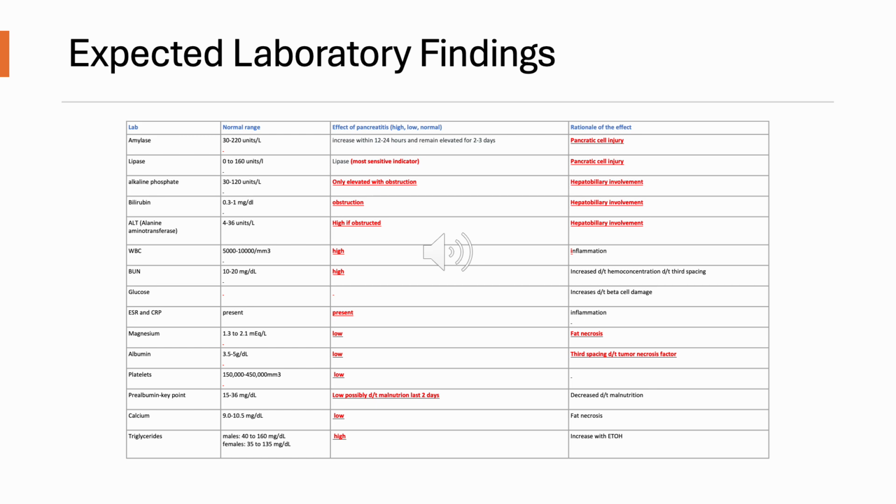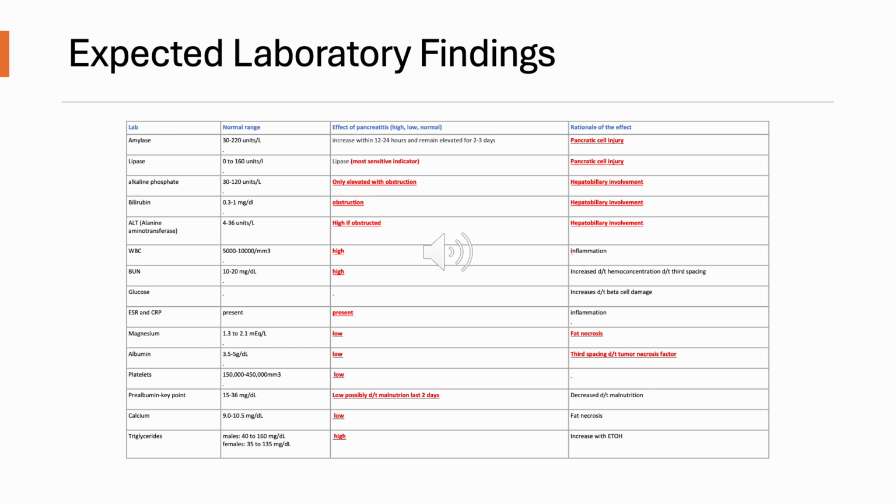Alkaline phosphatase, bilirubin, ALT, those are all elevated due to biliary obstruction, and I've talked about them earlier. The white count will be elevated because it's inflammation. The BUN will be high because of hemoconcentration. Glucose could be high due to beta cell injury. Inflammatory markers are high. Magnesium will be low due to fat necrosis.